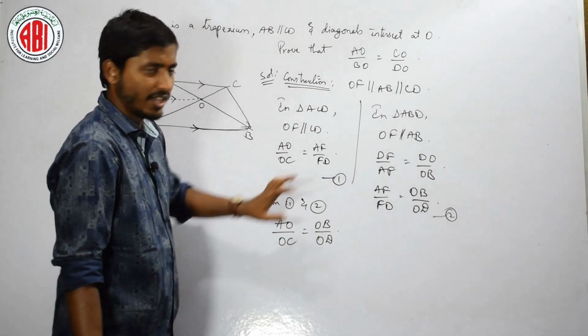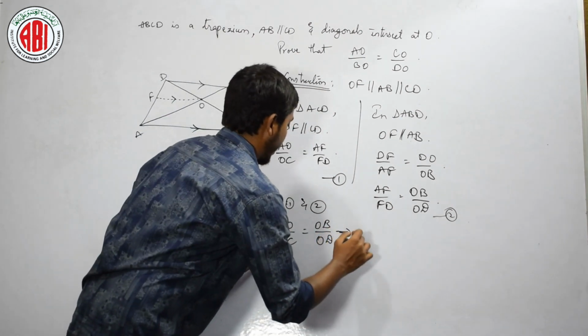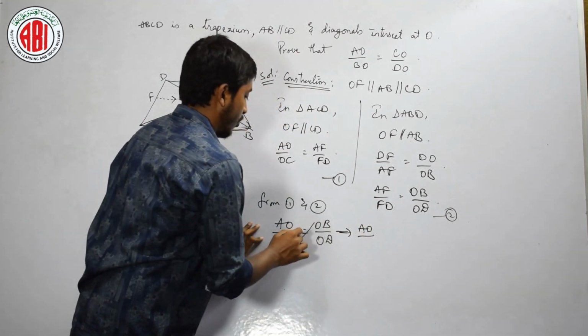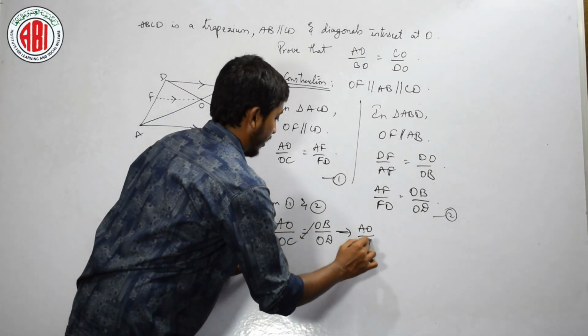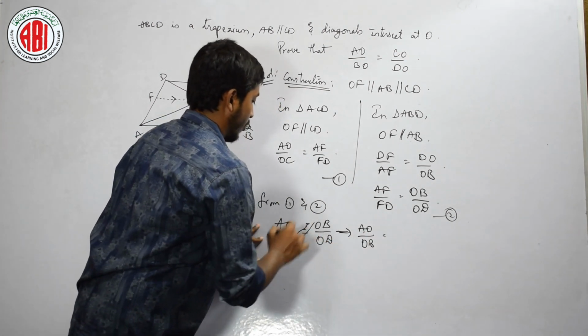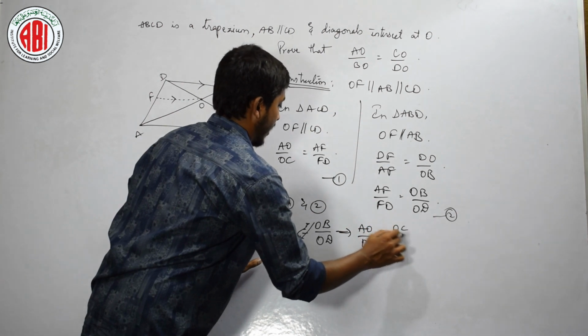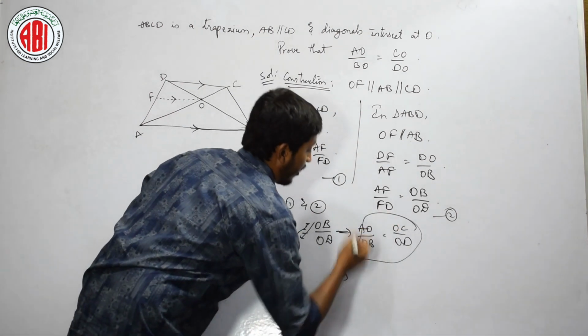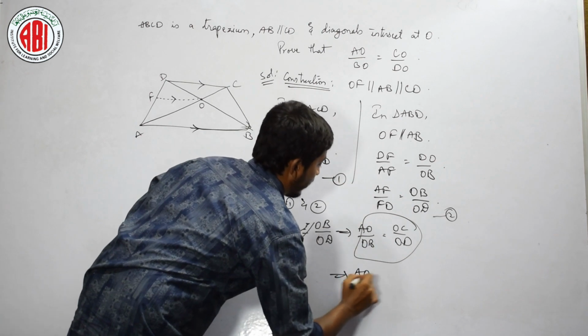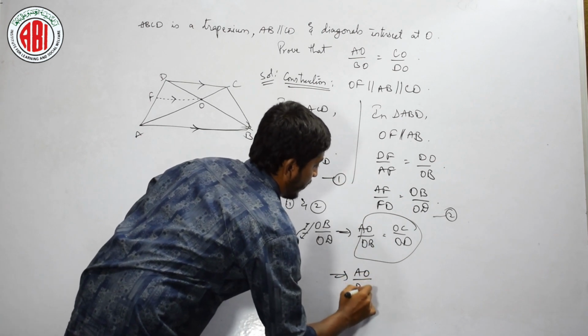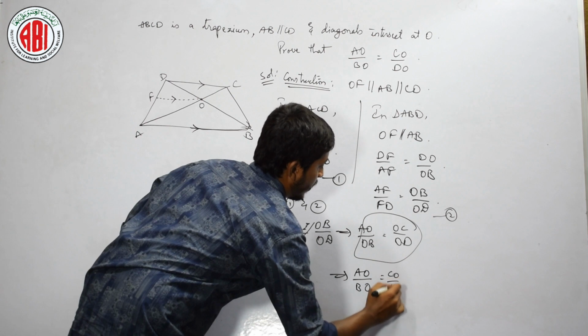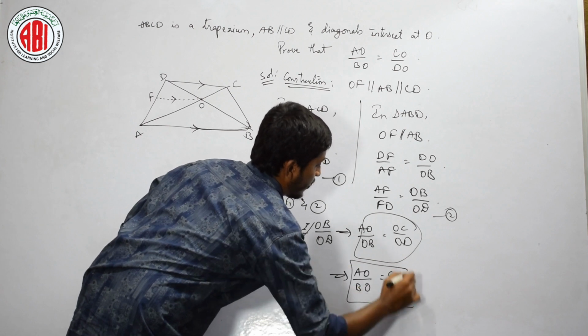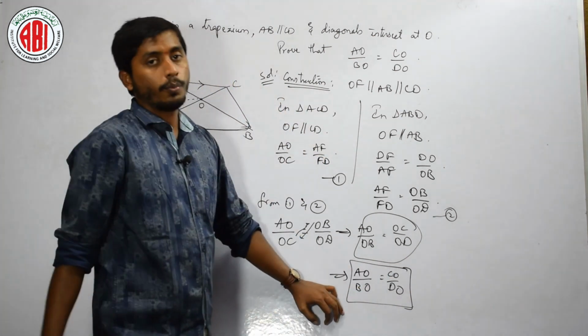Just cross multiply: OB goes to the denominator and OC goes to the numerator. Written as it is, AO by BO is equal to CO by DO. This is what he asked us to prove.